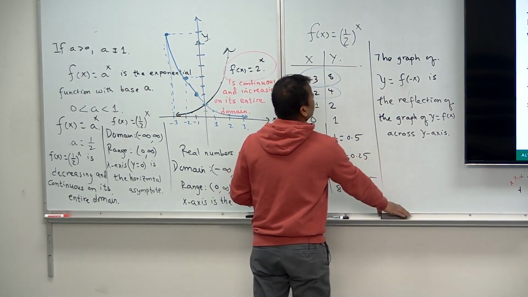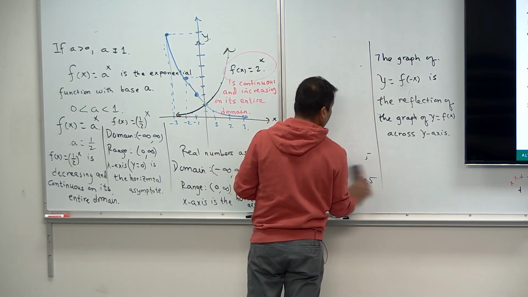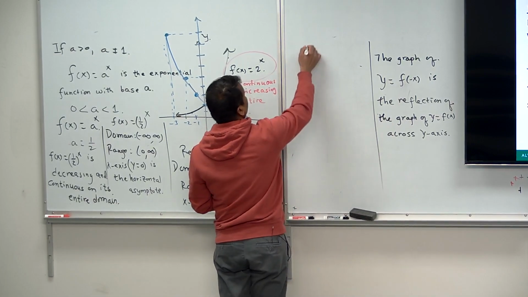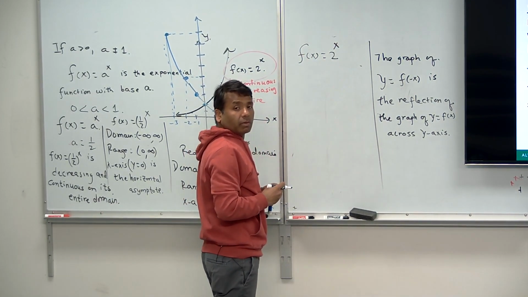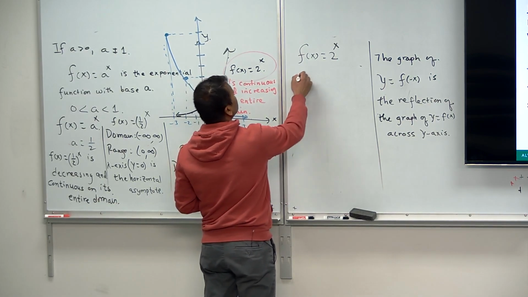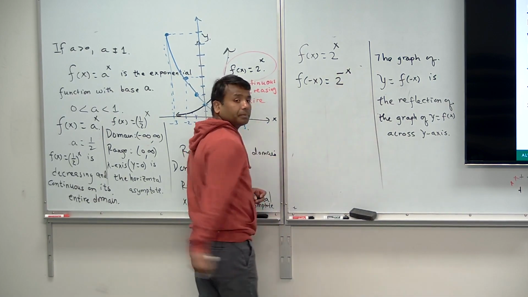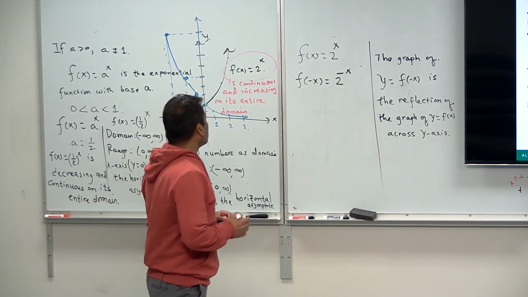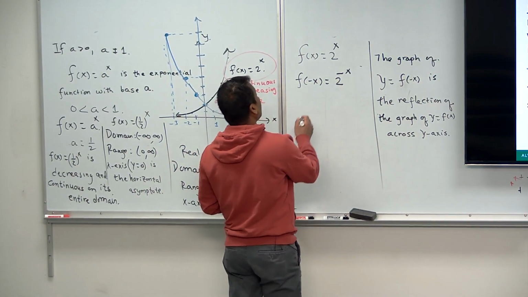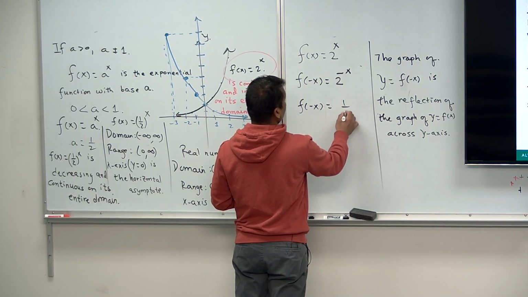So, if this is the case, now look here, your f(x) is 2 to the power x, and you guys know that f of negative x is 2 to the power negative x, right? So this 2 to the power negative x is same as what? 1 over 2 to the power x.